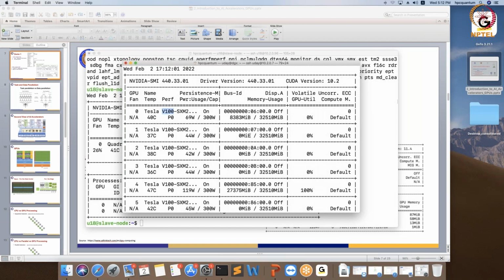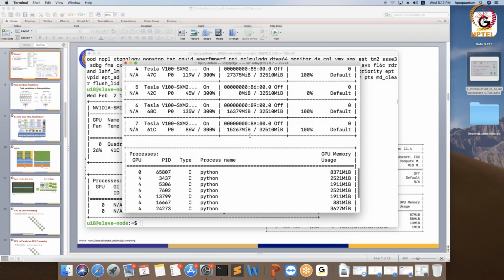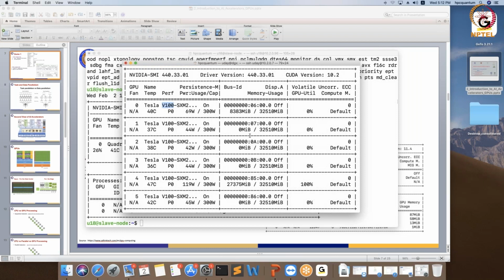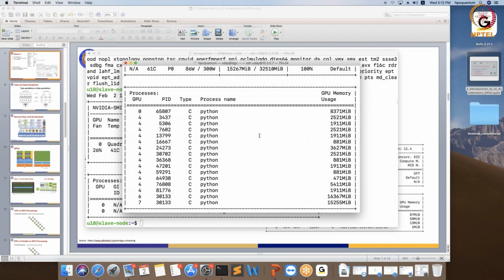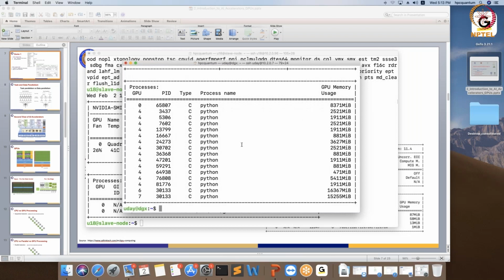So this is how you can gather information about your total GPU system using nvidia-smi. And for each of these GPUs, which processes are running, and how much memory that particular GPU is using, all of that information can be gathered from these two commands, lscpu and nvidia-smi.